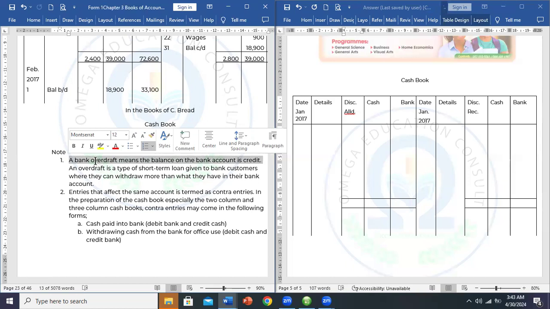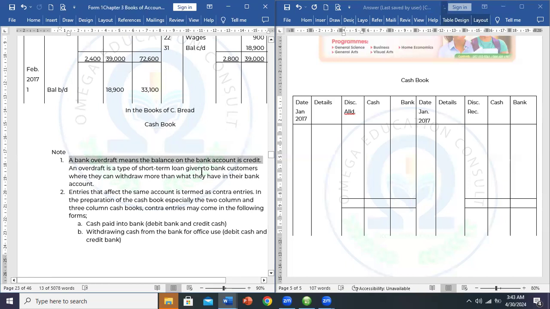What is it at all? An overdraft is a type of short-term loan given to bank customers. And if I want to be specific about which customers, we call those customers current account holders. Write some of these things in your jotters because you are going to need them in your objective test.